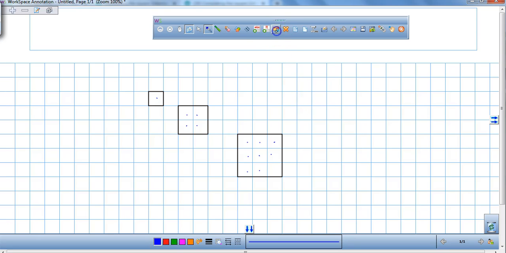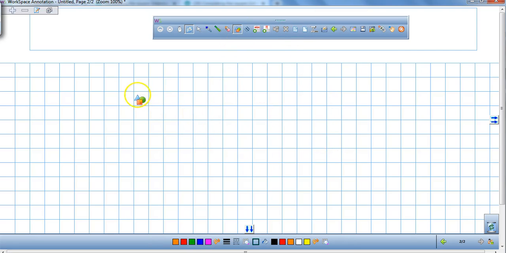So we call this 1 unit squared, we call this 4 units squared, and this is going to be 9 units squared, because this is a 1 by 1, this is a 2 by 2, and this is a 3 by 3.